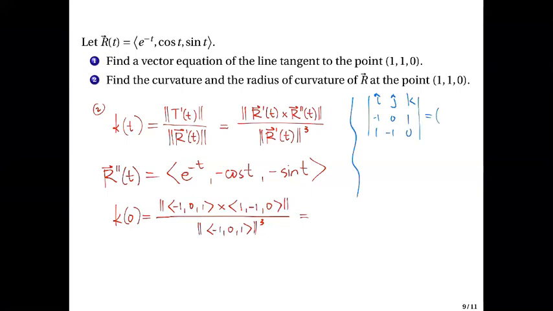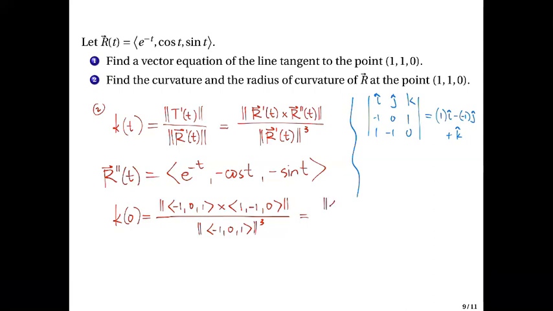So this is equal to 0 times 0 minus negative 1 times 1, so this is just 1 i hat, minus negative 1 times 0 minus 1 times 1, so negative 1 j hat, plus, for the k, negative 1 times negative 1 minus 1 times 0. So the cross product is just 1, 1, 1.